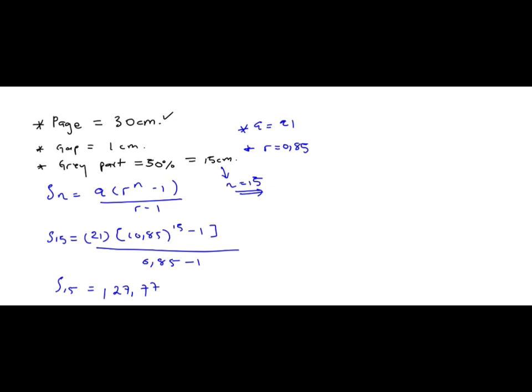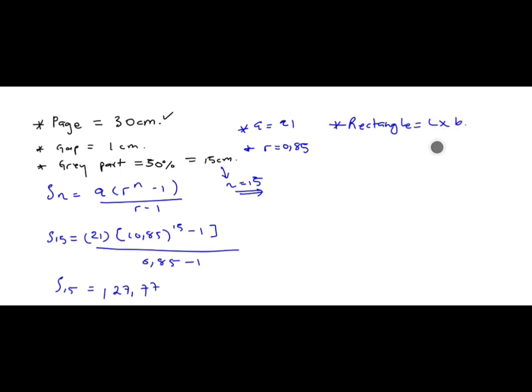So from this we can then go ahead and find the answer, because we're looking for the percentage of the paper. So the whole paper is actually a rectangle. So the area of a rectangle is length by breadth.